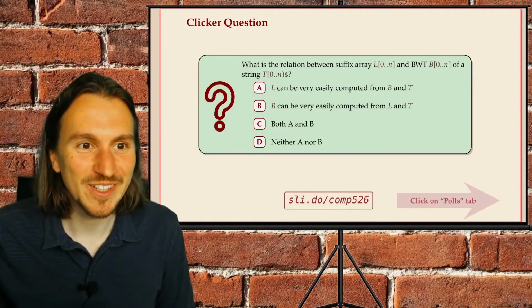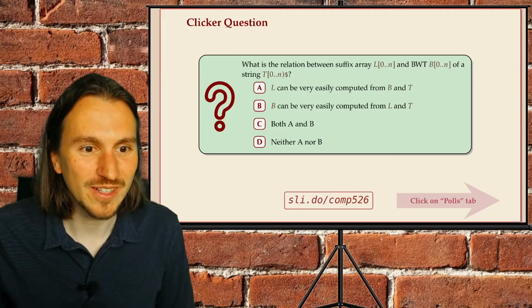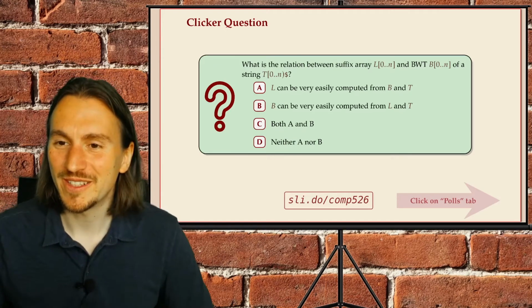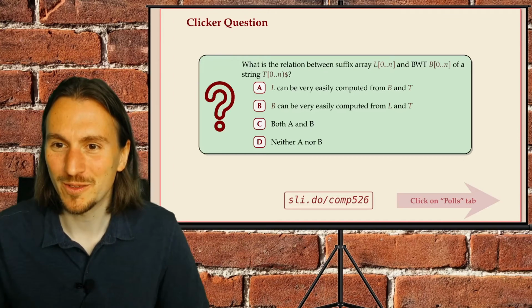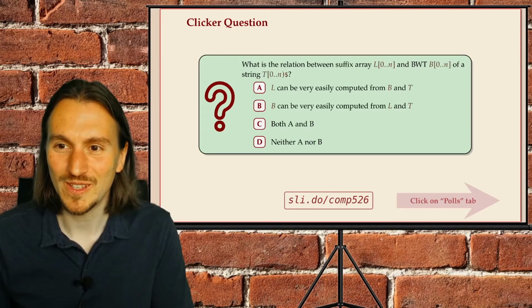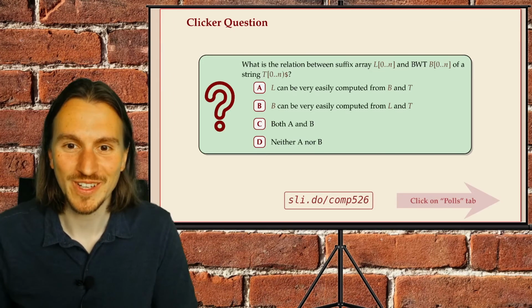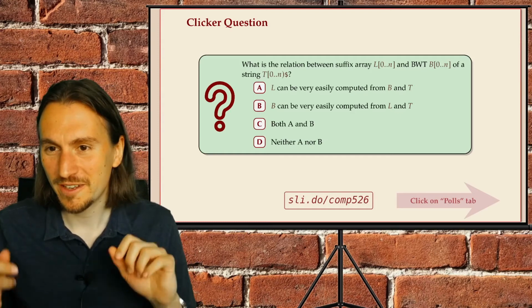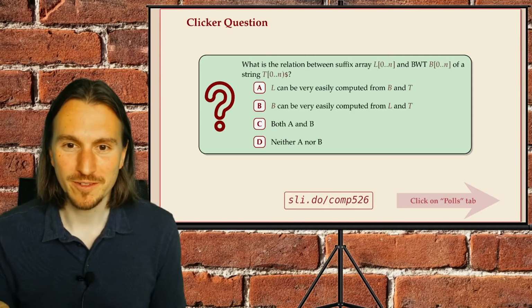Now, I want to get you thinking a little bit, and in case this wasn't already on your mind, I want you to think about the relation between BWT and suffix arrays. So the concrete question is, we had the suffix array L, the leaf array, right?